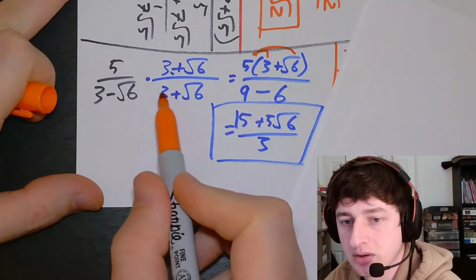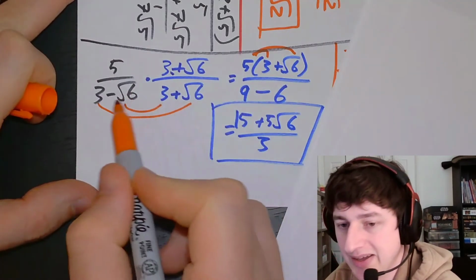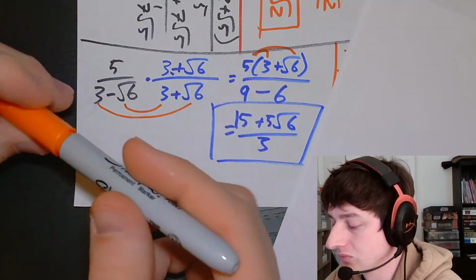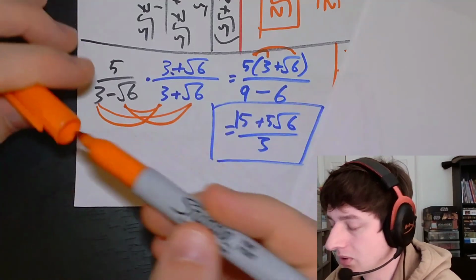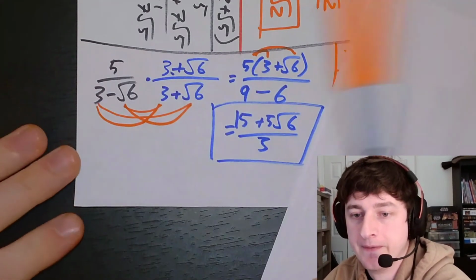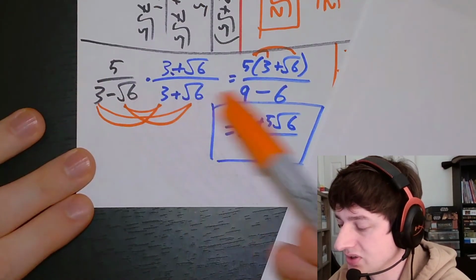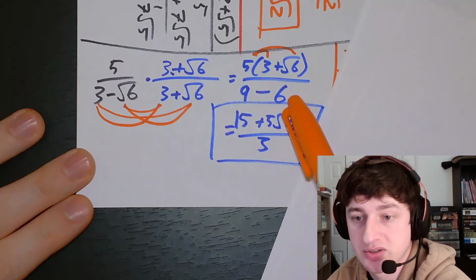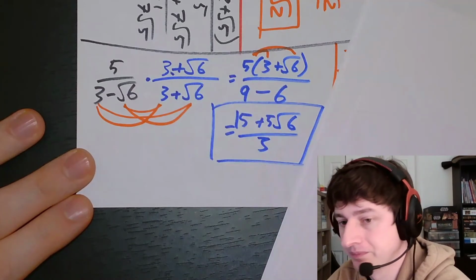It's just that the 3 times the root 6, these 2 things cancel out perfectly, right? So then these 2 pieces don't cancel out. 3 times 3 gives us the 9. Root 6 times root 6 is what the inside was originally, so it's just 6. So 9 minus 6 is 3.